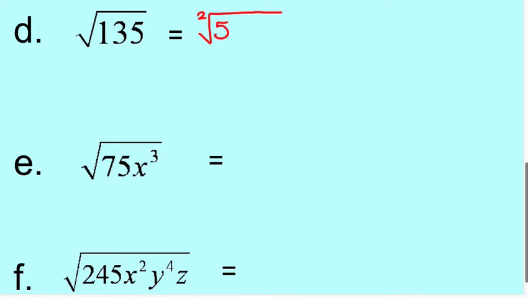I have 5, and then I get a leftover 27. So 5 is a prime number, so let's continue with 27 and breaking that apart. So I'm going to break apart 27 as a product of 2 numbers. I'm going to do 9 times 3. I'm going to go one more time.